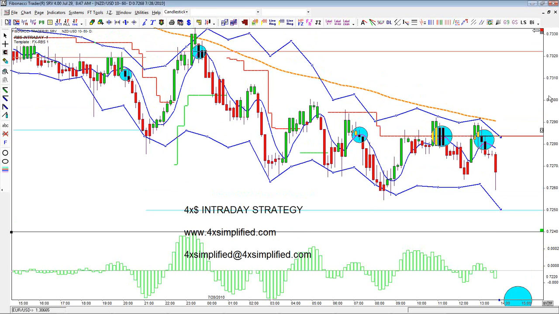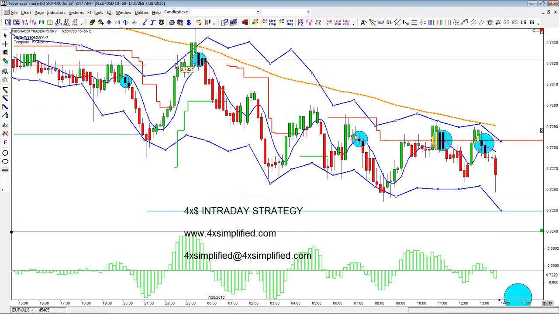First, we have our automated trend line, and this is that orange line that you guys see here on the screen. It tells us if we're in a bullish or bearish trend. And of course, if we're in a bearish trend, we can take only bearish entries.